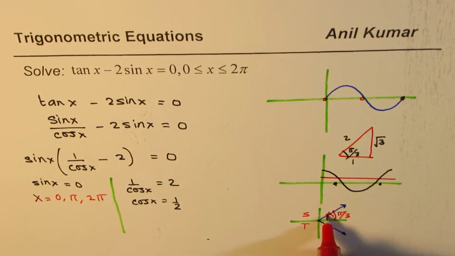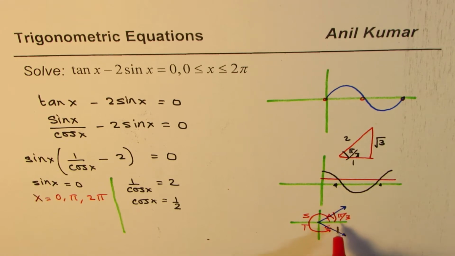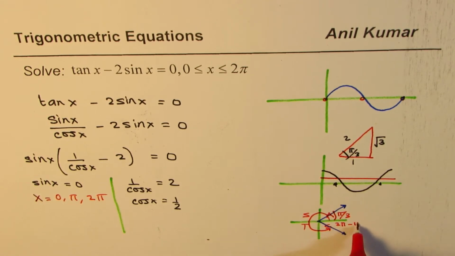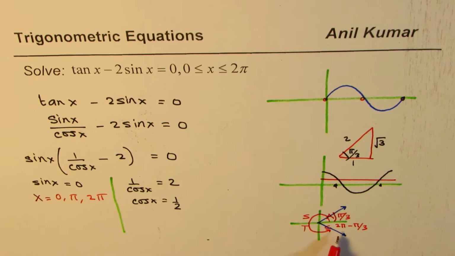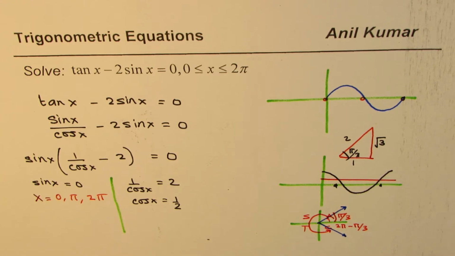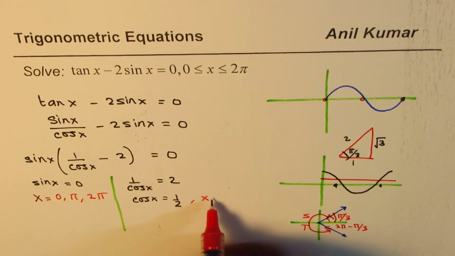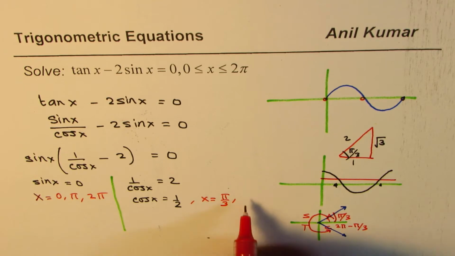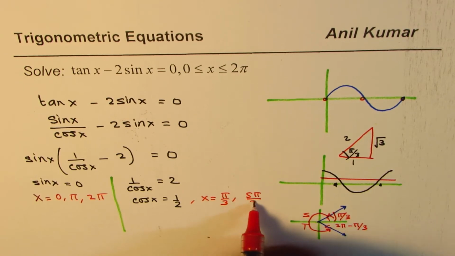And this angle here is how much? It is 2 pi minus pi by 3, right? Which is 5 pi by 3, right? 6 minus 1. So we have two solutions here. These are x equals pi by 3 and 5 pi by 3.